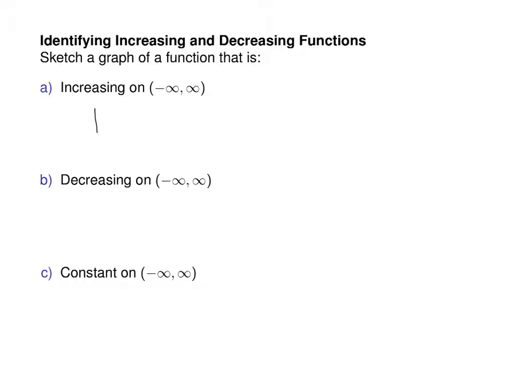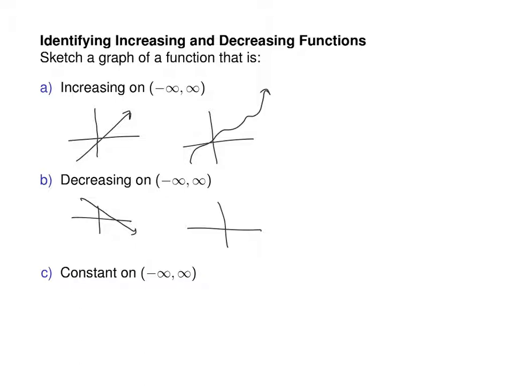A function could be increasing by going up linearly, or it could meander and go up, but it goes up. Decreasing would be something that goes down, or it could be something that looks like half of a parabola.